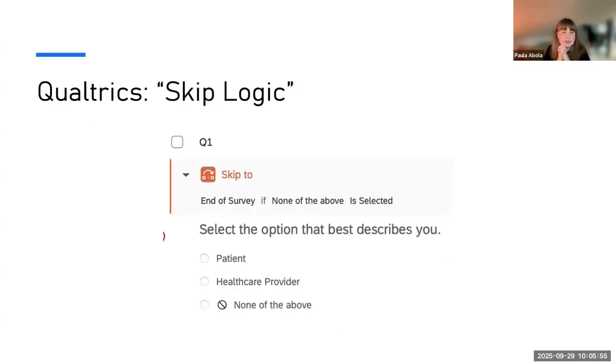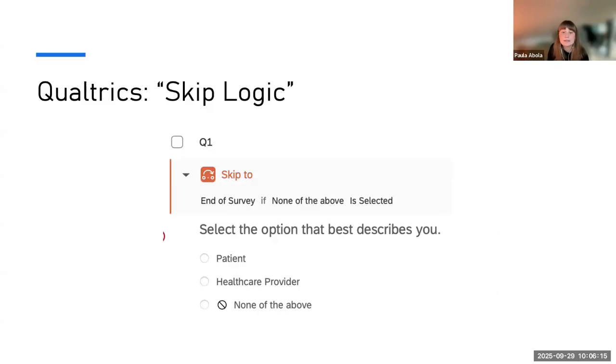And here you can see the skip logic feature that I also mentioned. This is a good feature to use if you are first checking for inclusion criteria before letting participants participate in the rest of your survey. For example, I was recruiting patients with Parkinson's disease and healthcare providers for my study.